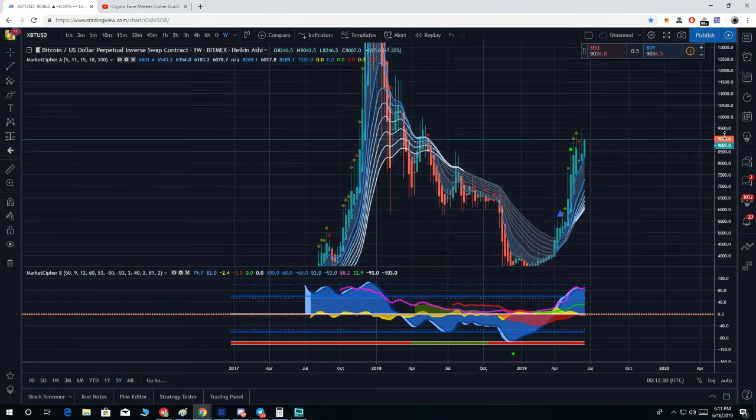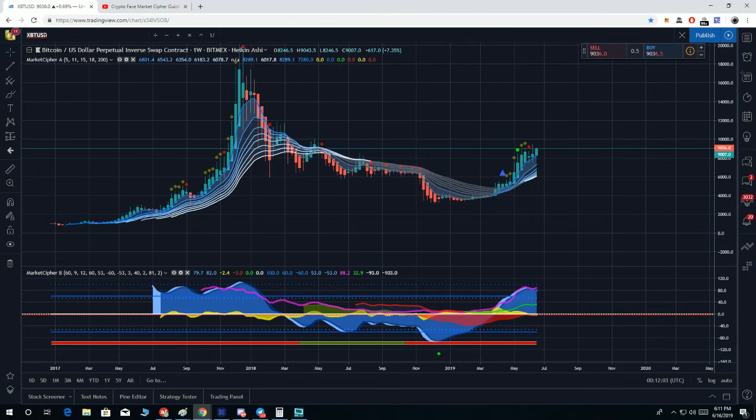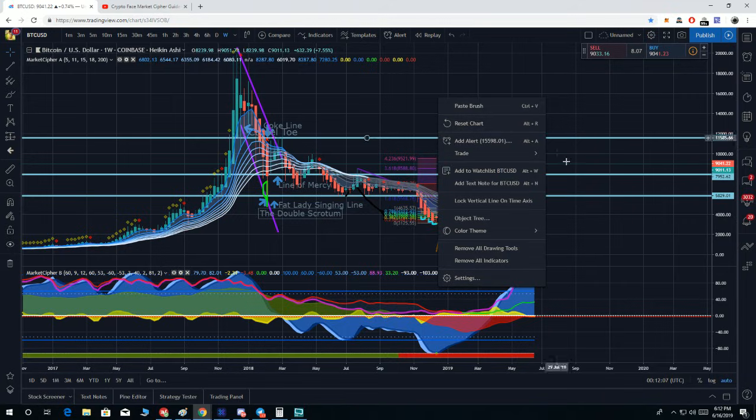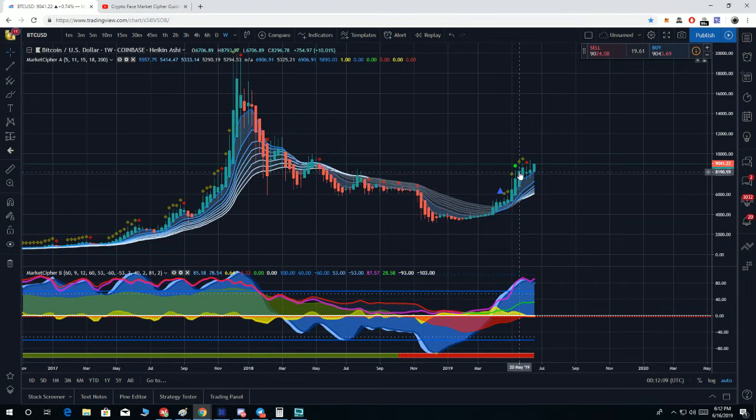If we go to the weekly on Bitcoin, we have a green dot on Cipher A on this candle from 8,344 down to 5,837 was this week's candle, right?